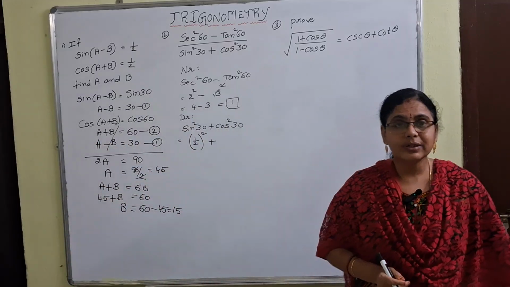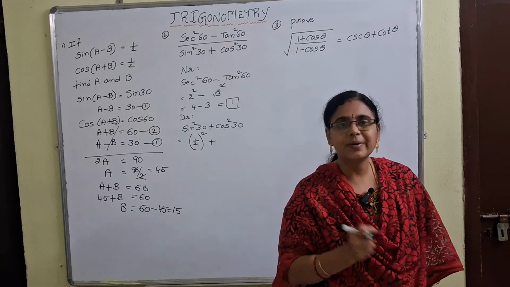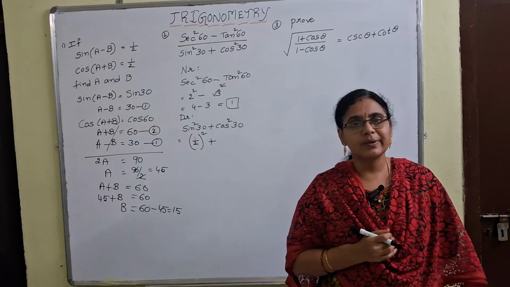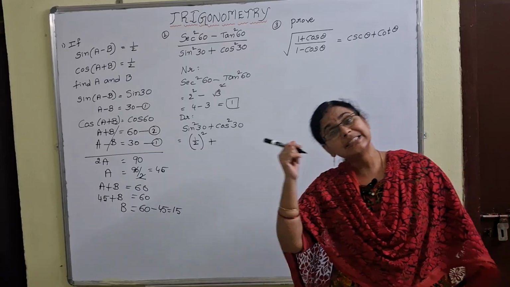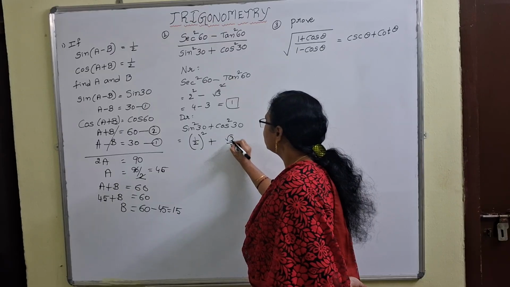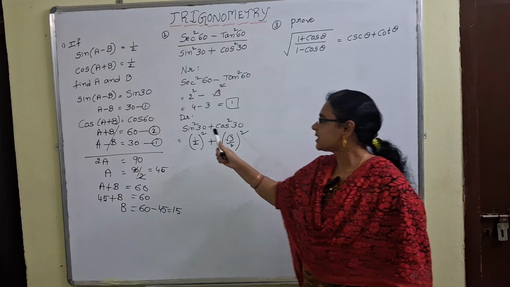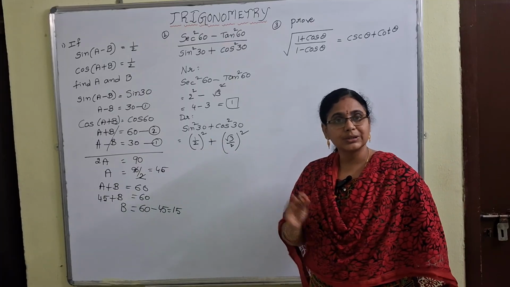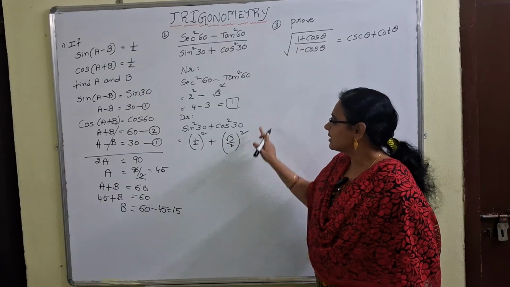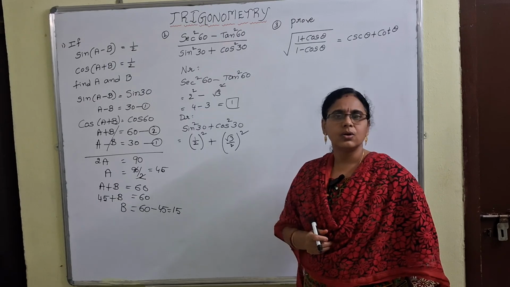Cos 30 means how much? Yes, it is exactly root 3 by 2. But he requires cos square 30. So root 3 by 2 whole square. Sin square 30 is 1 by 2 whole square. Cos square 30 is root 3 by 2 whole square.